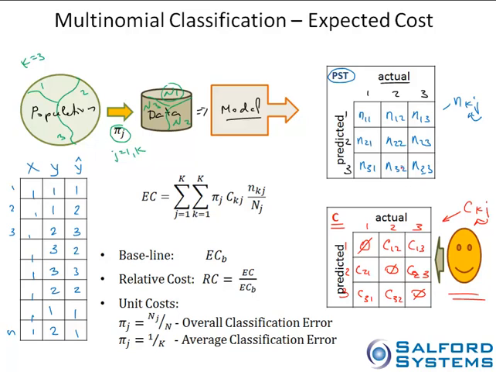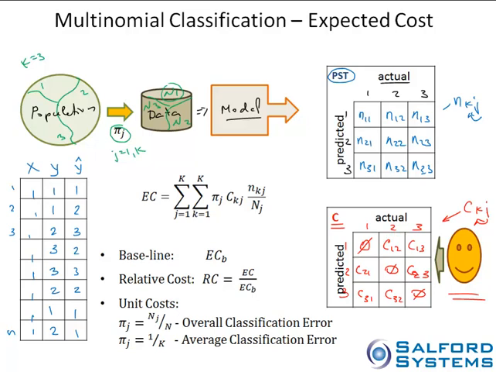So now we've introduced all of the 3 components. We have a prediction success table, the model performance on the data that we have access to, the relationship between data and the population by way of priors, and also the suggested requirements by the analyst in the form of a cost matrix.